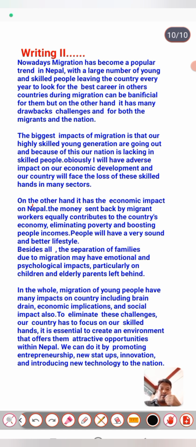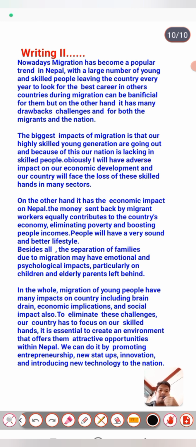And on the other hand, students, the economic impact on Nepal: yes, as I told you, the money sent by the migrants contributes equally. It can be beneficial when they send money back to our nation, boosting the economy, eliminating poverty and boosting people's incomes and their lifestyle also.